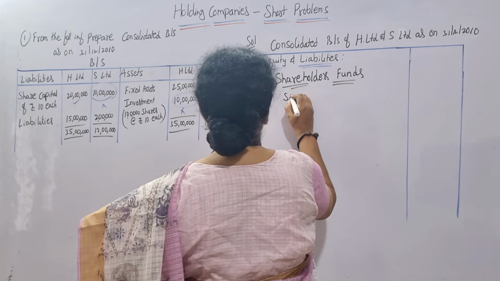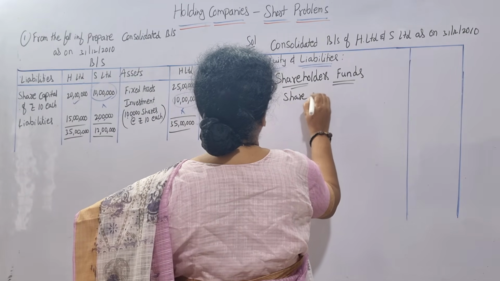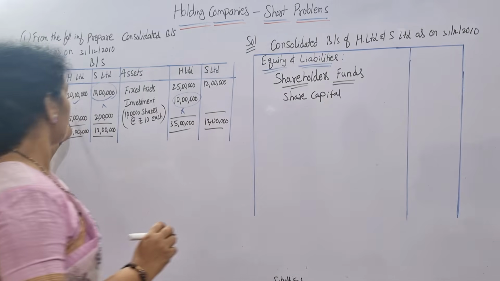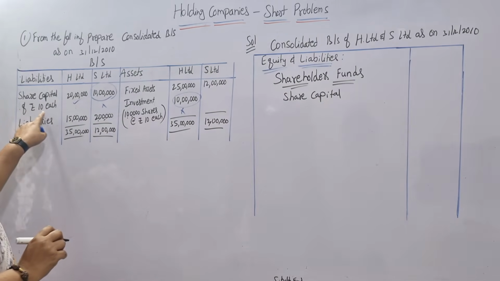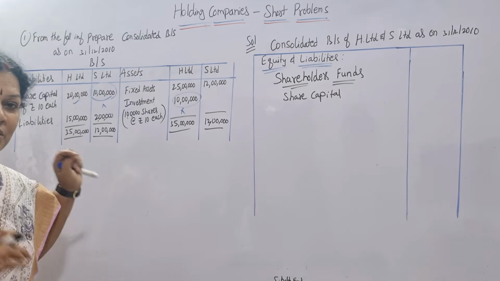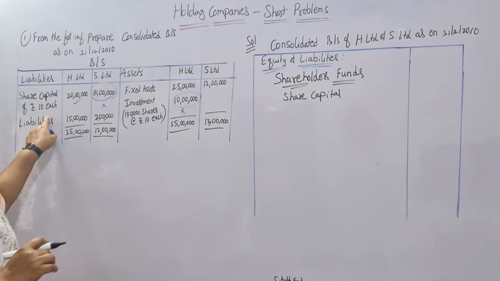Share capital, how much is it? Share capital 20 lakh we are going to take. Each share is 10 rupees. Means how many shares are there? 20 lakh divided by 10.